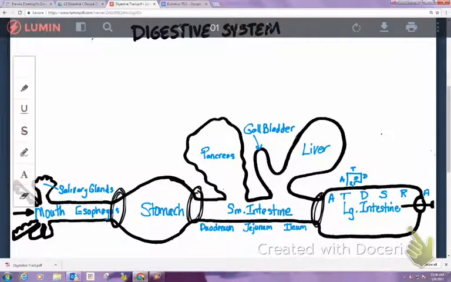All right, so now we're going to utilize different colors to show the different processes. So I will do chemical digestion in red. So if it's a chemical digestive process, it's going to be in red. You can use whatever color you want, just keep your colors straight.